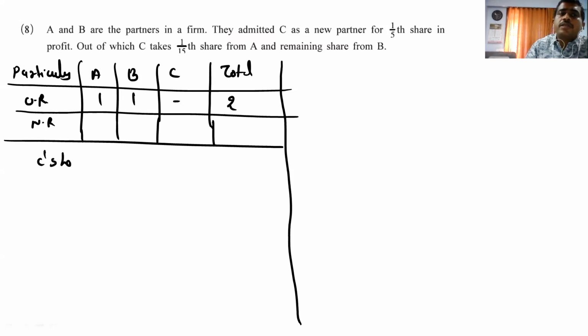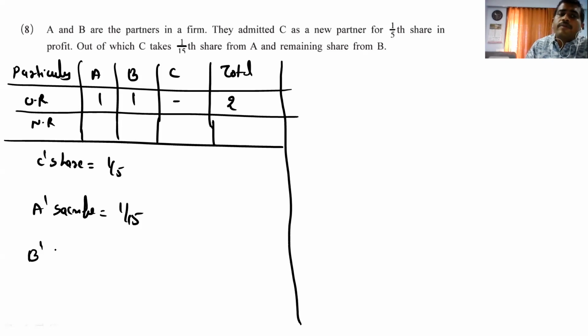So C's share comes to 1/5, out of which C takes 1/15th share from A. Clearly they say that C takes 1/15th share from A. So it's very clear A sacrifice is equal to 1/15. And remaining share from B, that we don't know.